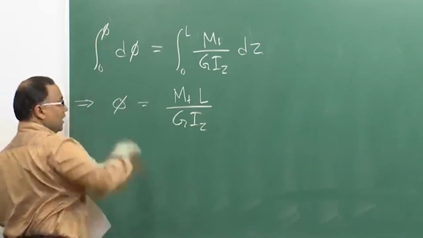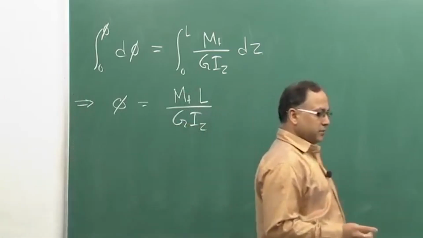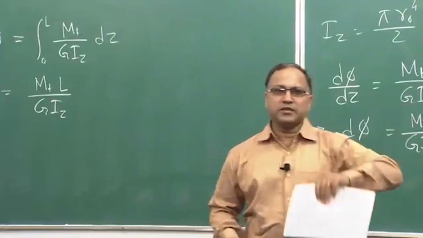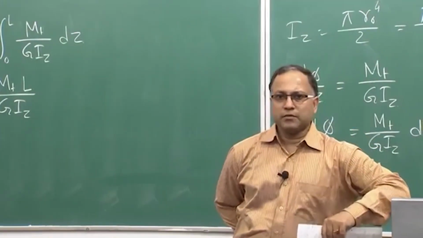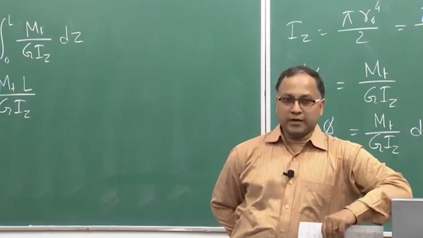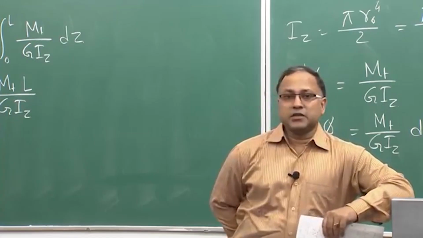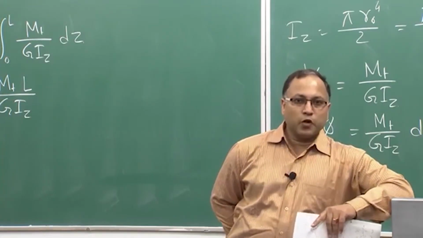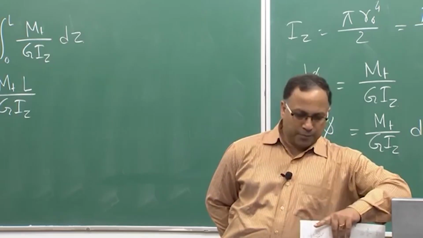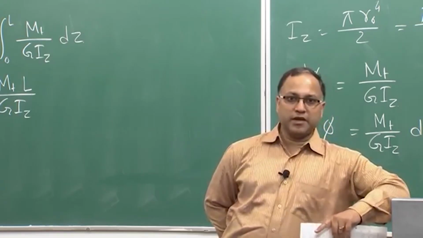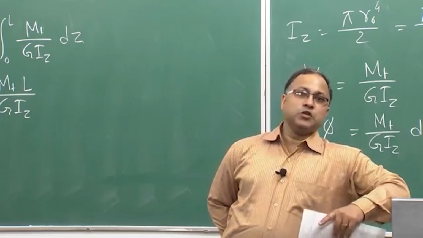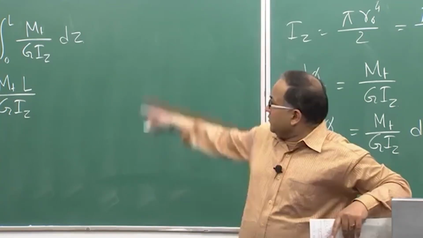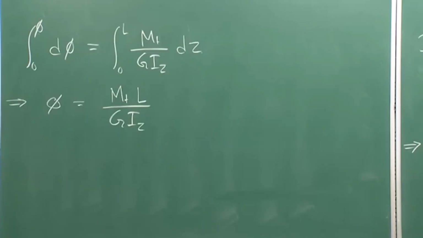Here, I am considering the length of the slender member to be L in the z direction. The twist is a relative twist. The bottommost plane is experiencing zero twist and the topmost plane is experiencing a twist of phi.